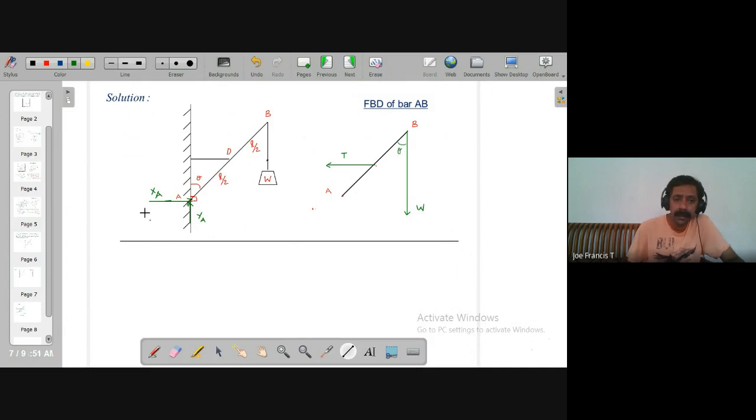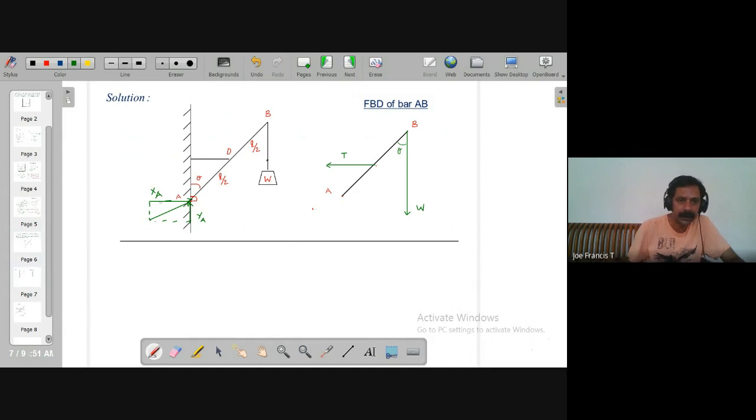Then there will be a resultant force, right? The resultant is RA. If I construct a parallelogram for this, you will have a resultant force acting here. Okay, so this resultant is RA.